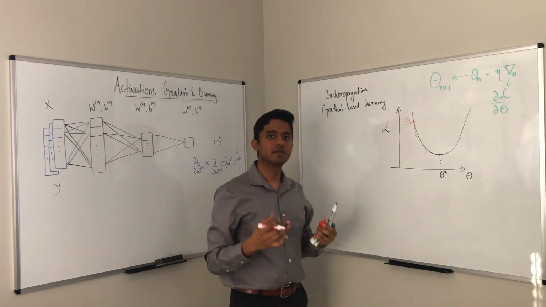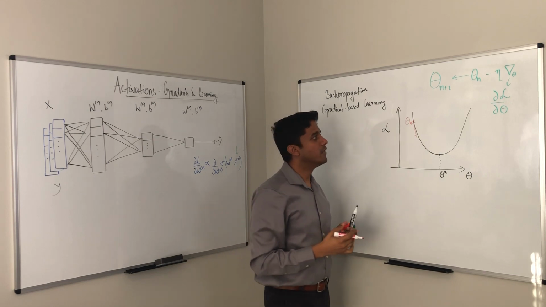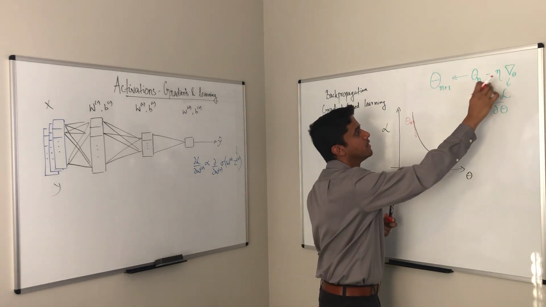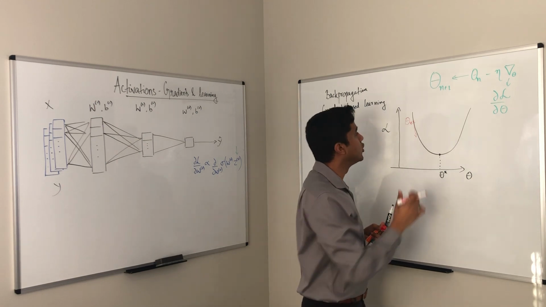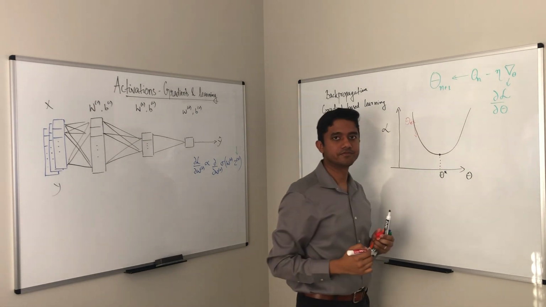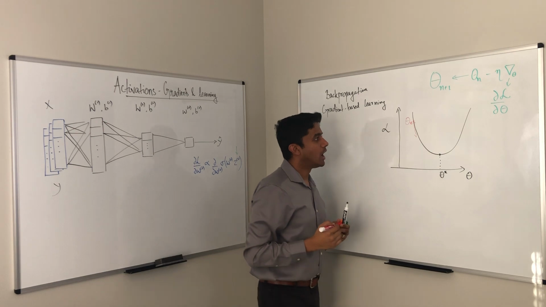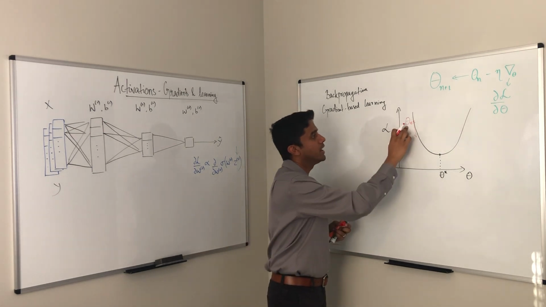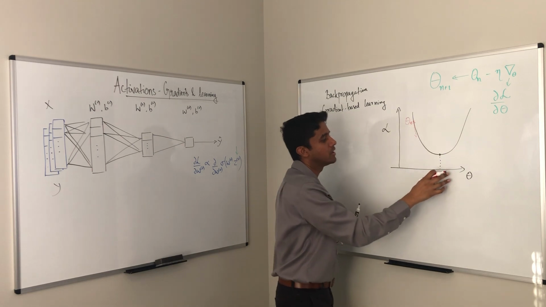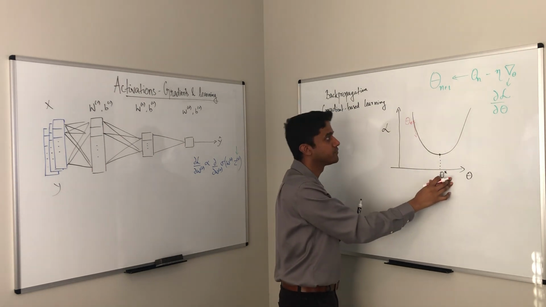Gradient means the slope. And when I get this gradient at this value of theta, I'm finding the slope at this point. Now, the role of the gradient is to drive theta n close to my global solution theta star.